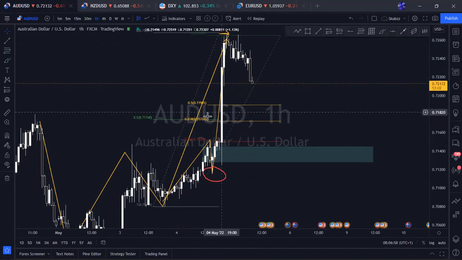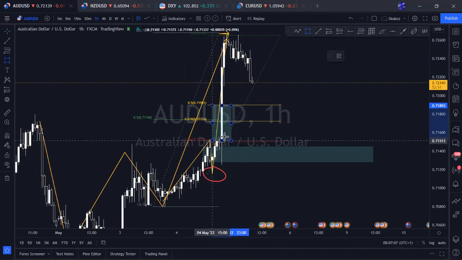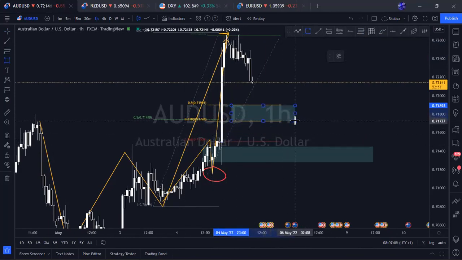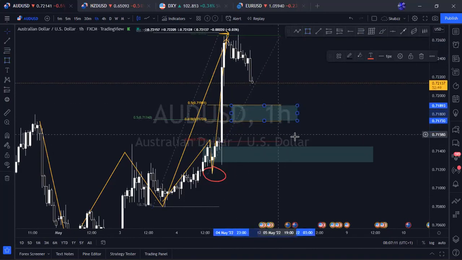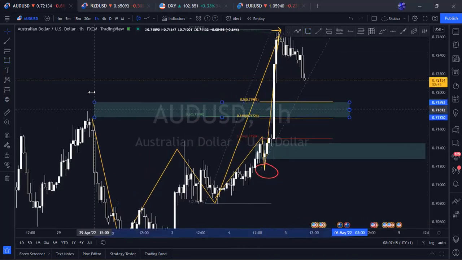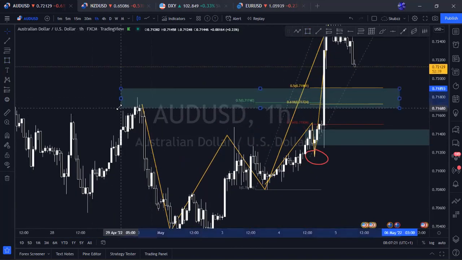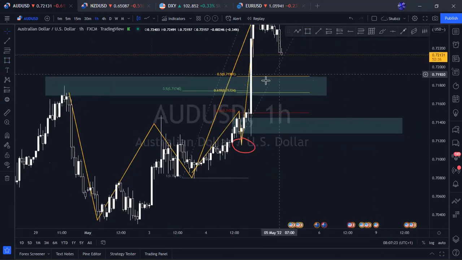So this is actually the golden ratio, but I don't think price is going to stop just at this 60%. Price will come deeper, but this is another place to look at the golden ratio. If I look closely, the golden ratio is at this level here.